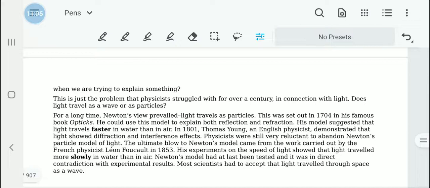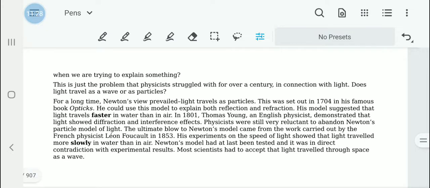Then in 1853, Leon Foucault, a French scientist, showed that in water, light would travel much more slowly than in air.